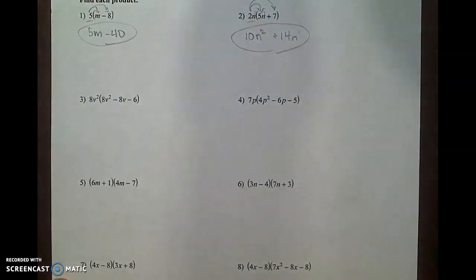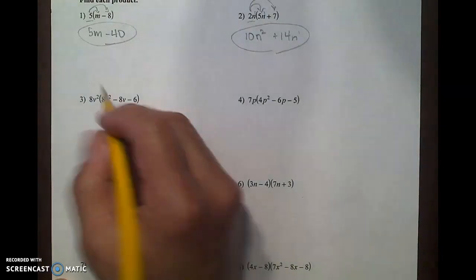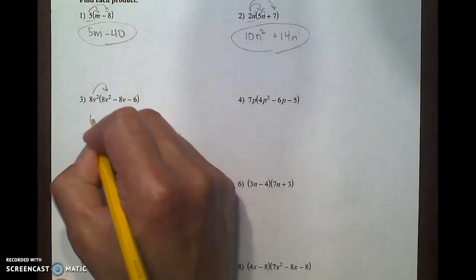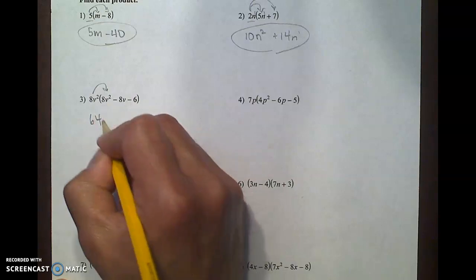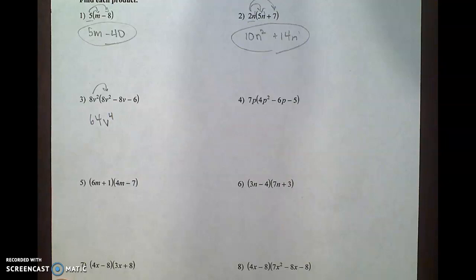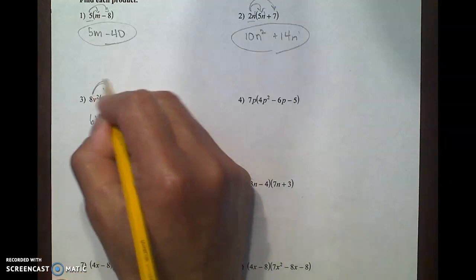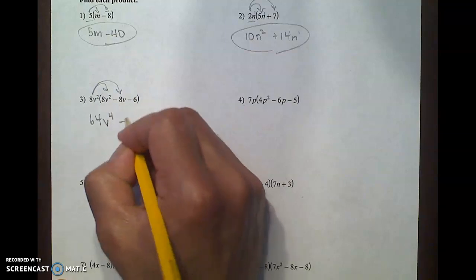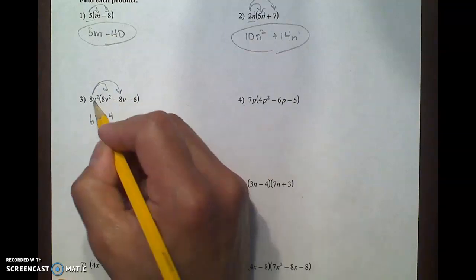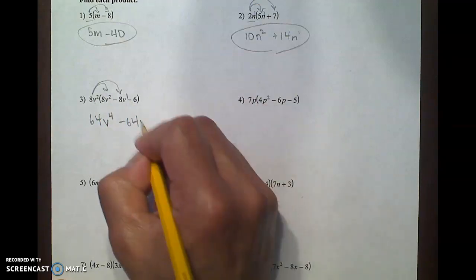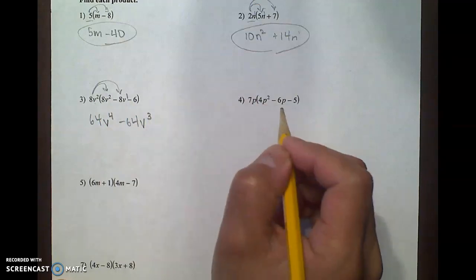Moving on to number 3. Got 8v squared times 8v squared minus 8v plus 6. So we're going to distribute. 8 times 8 is 64. v squared times v squared is v to the fourth. Again, we add the exponents. We distribute to the next term. 8 times negative 8 is negative 64. v squared times v to the first, and we keep the base, we add the exponents.